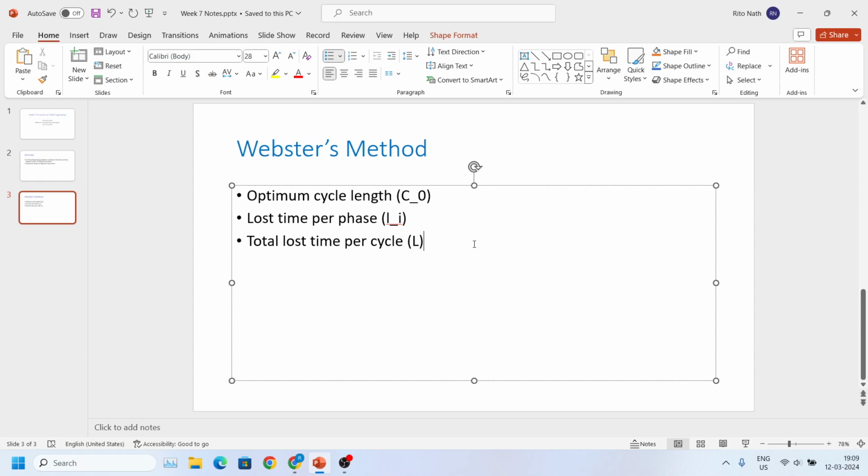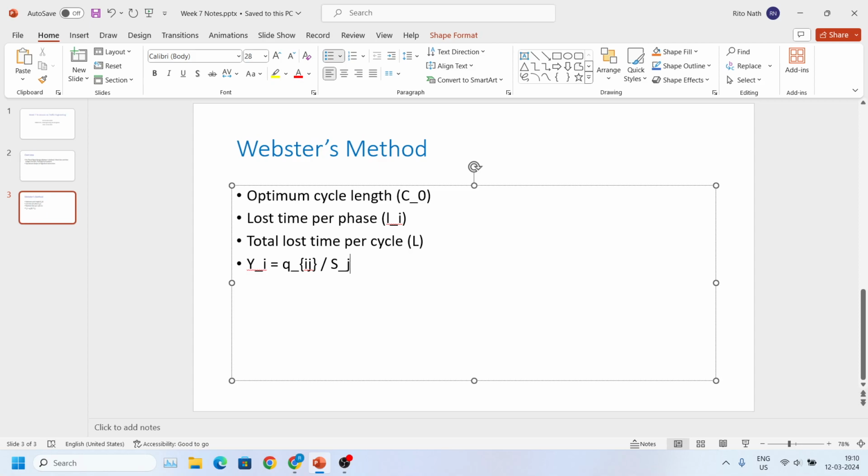Maybe I'll just quickly write it. This Yi equals Qij divided by Sj. We'll see one problem related to this.